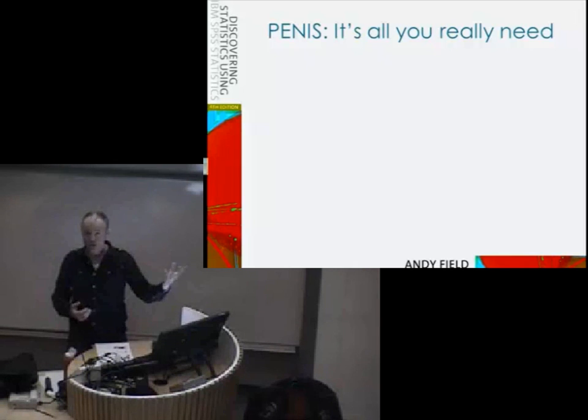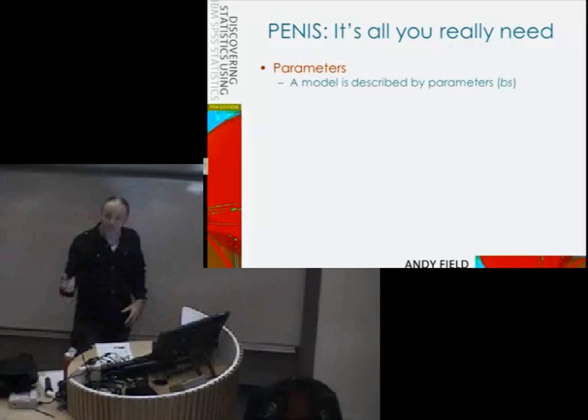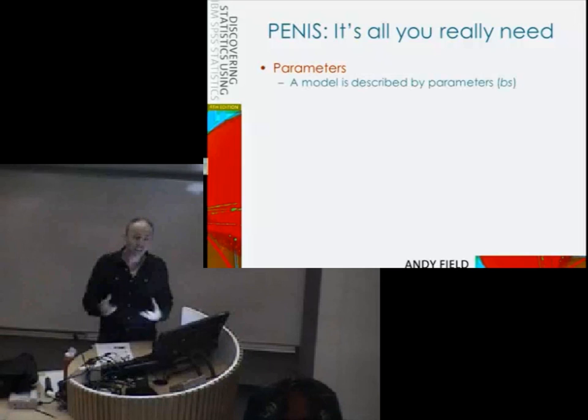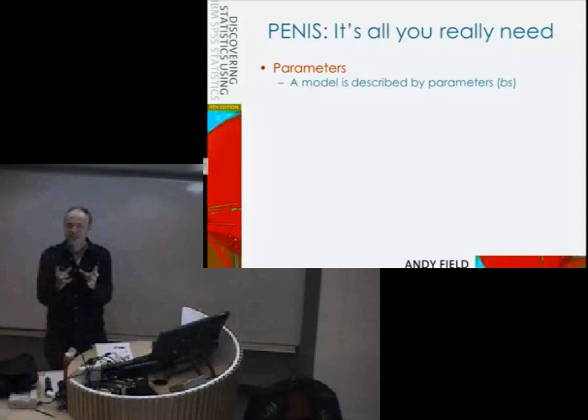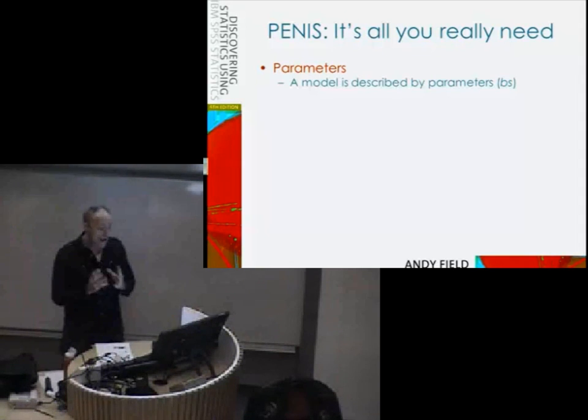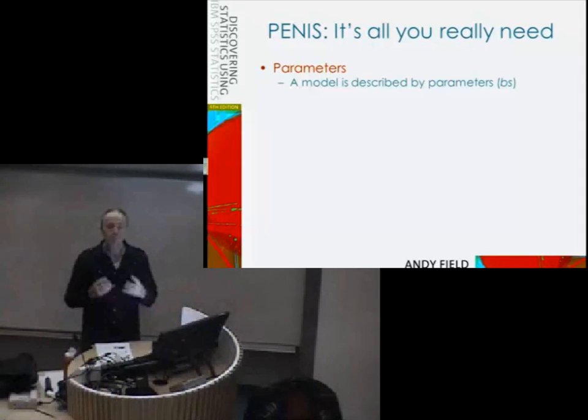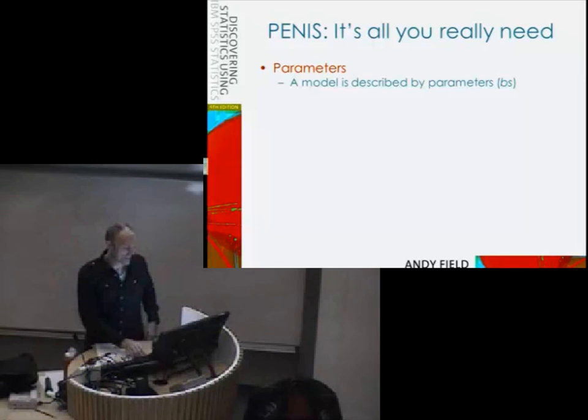As I just showed you, there are these betas, these numbers in them that tell us something about, say, the relationship between the predictor and the outcome. It defines the model, essentially. So every linear model has parameters, or betas, or coefficients, whatever you want to call them. Call them Bob, if you like.